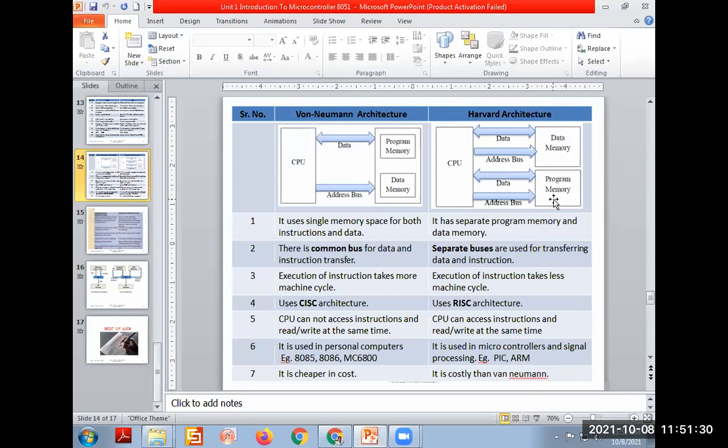We have the primary data memory, and this program memory is further classified as the program memory as well as one small secondary data memory in it. That is called Super Harvard architecture. Clear? Is it clear? SHARC, Super Harvard architecture. Have you got it?